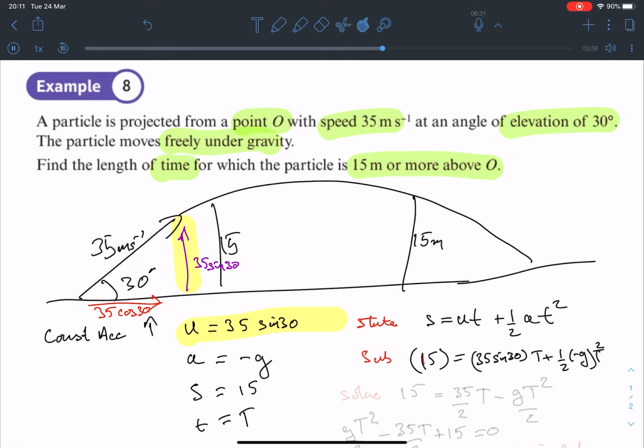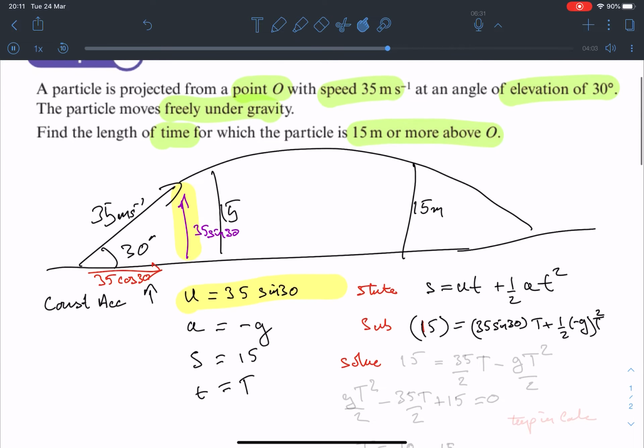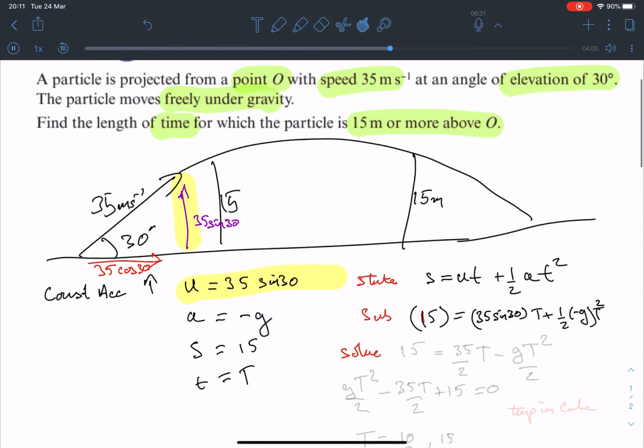So now we can solve that. And we get 15 equals 35 sine of 30, which is a half, t minus gt squared over 2.